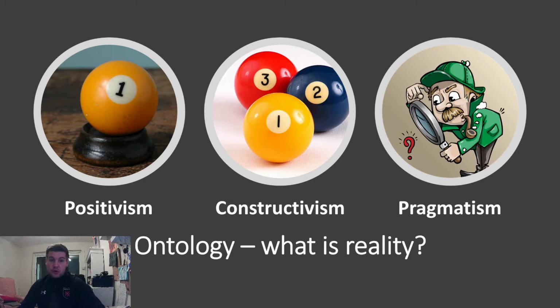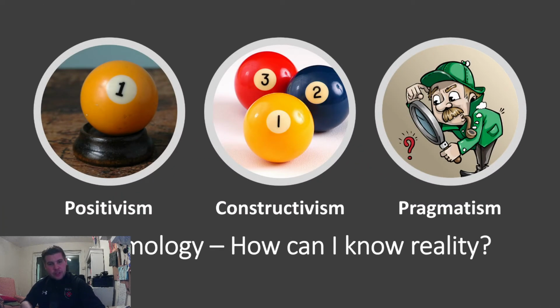It could be positivist at times. A pragmatic approach might say the best tool to answer this question is to use a positivist approach, to measure something, to find a single truth. But they might also say, actually, there might be multiple answers out there. So what's the best tool that we can use to find something in the most useful way? And that's a pragmatic approach.